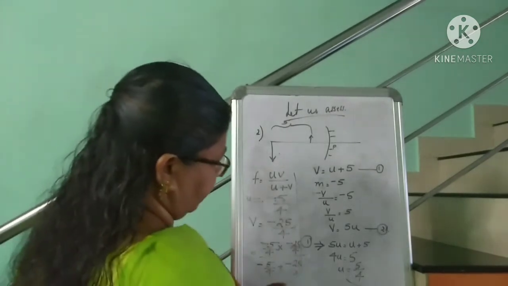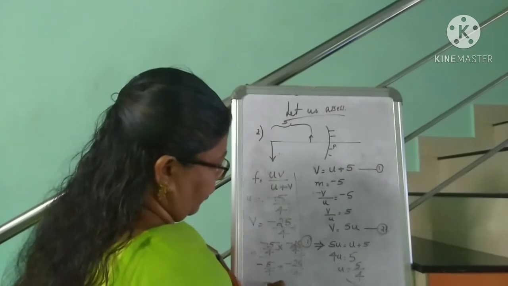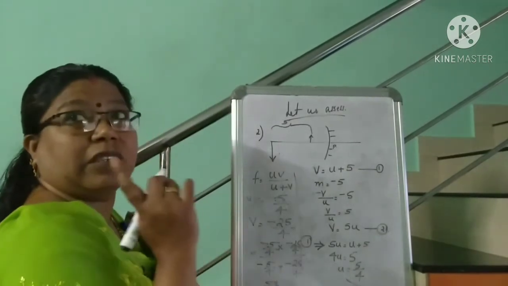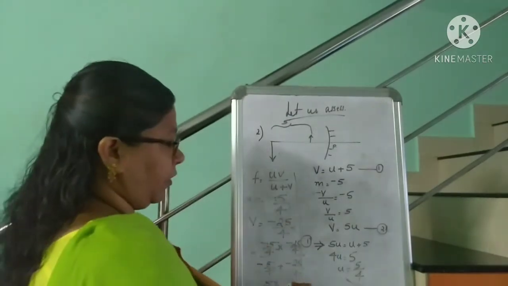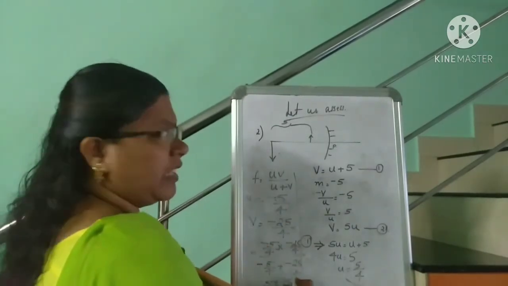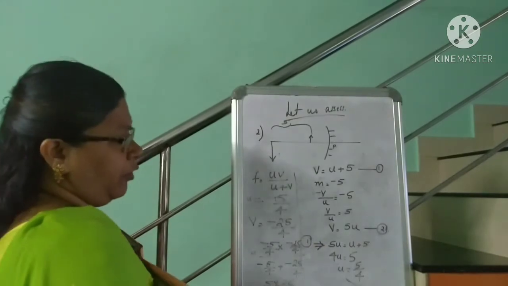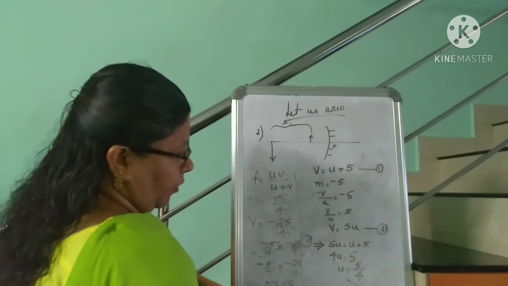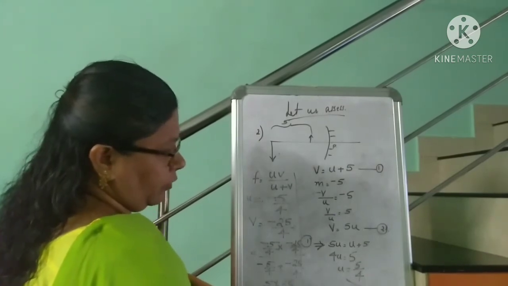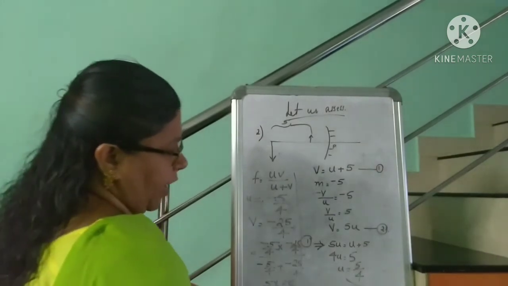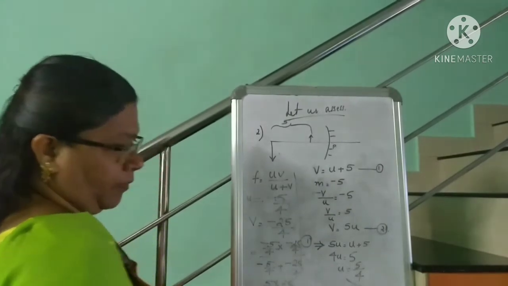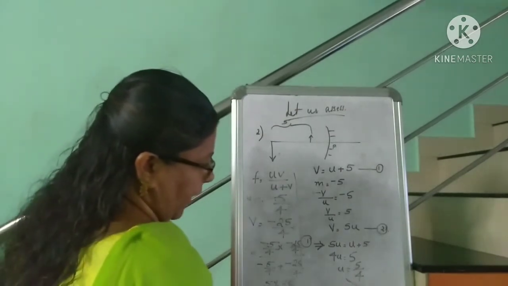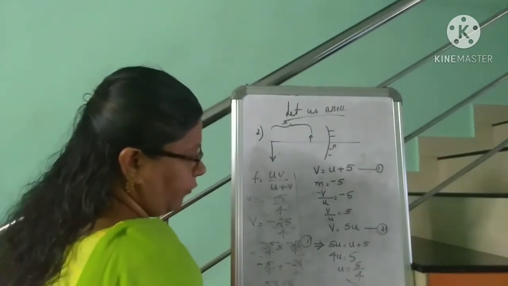Then what will you get? 5 into 25 by 4 into 4 divided by minus 30 by 4.